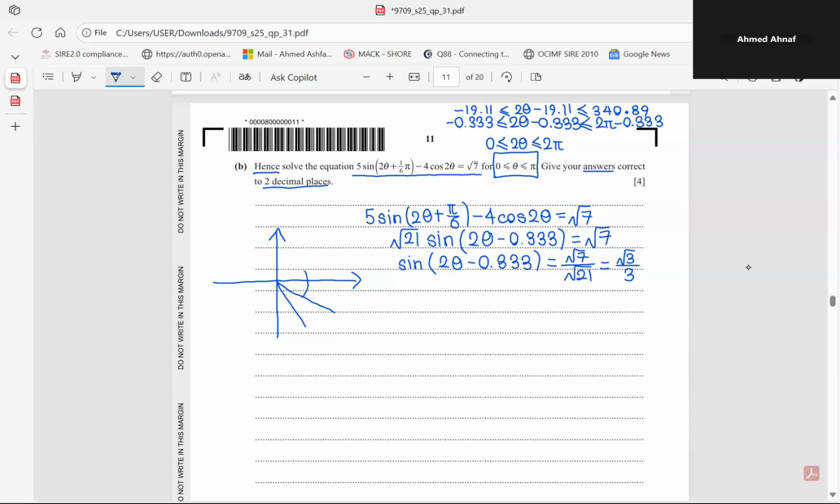So it covers from here all the way here. Yes, it covers all four quadrants.